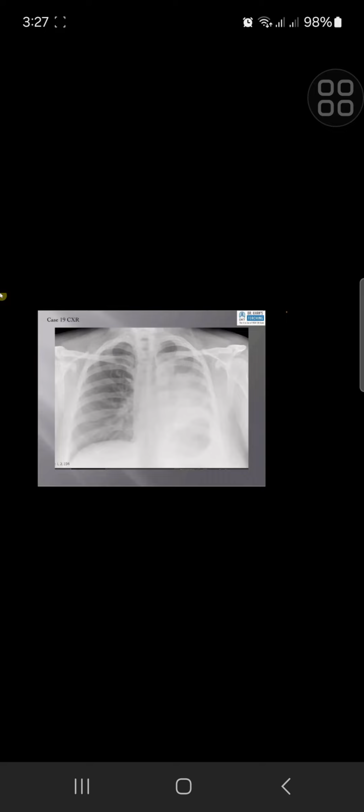Overall findings of collapse in the left lung, likely arising from the left upper lobe, as evidenced by slight elevation of the stomach gas bubble. So the patient would require a contrast-enhanced CT thorax to look for the possible cause.